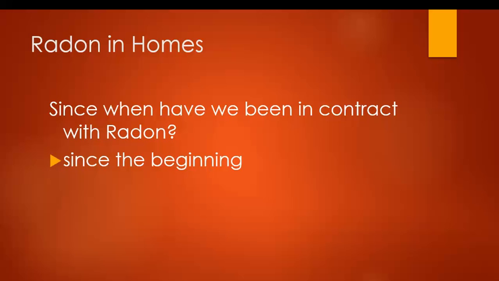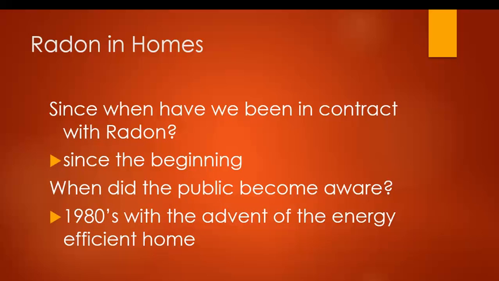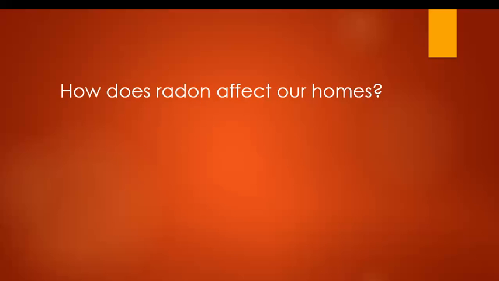Since when have we had trouble with lung cancer due to radon? Since the beginning of time. When did the public become aware of this? Actually, it wasn't until the 1980s with the advent of energy-efficient homes. When we started closing things up, the amount of radon started increasing. Why? Because where could the radon go when you have very efficient homes?